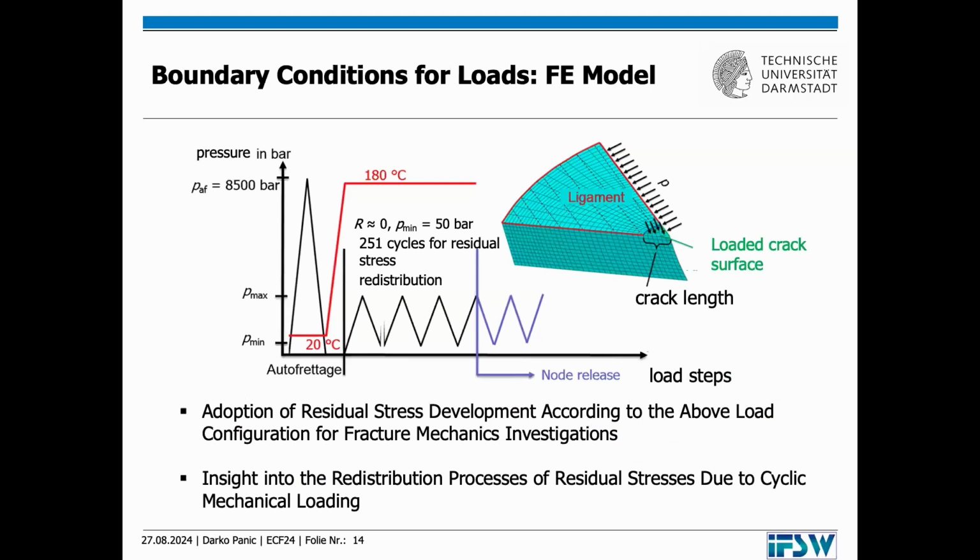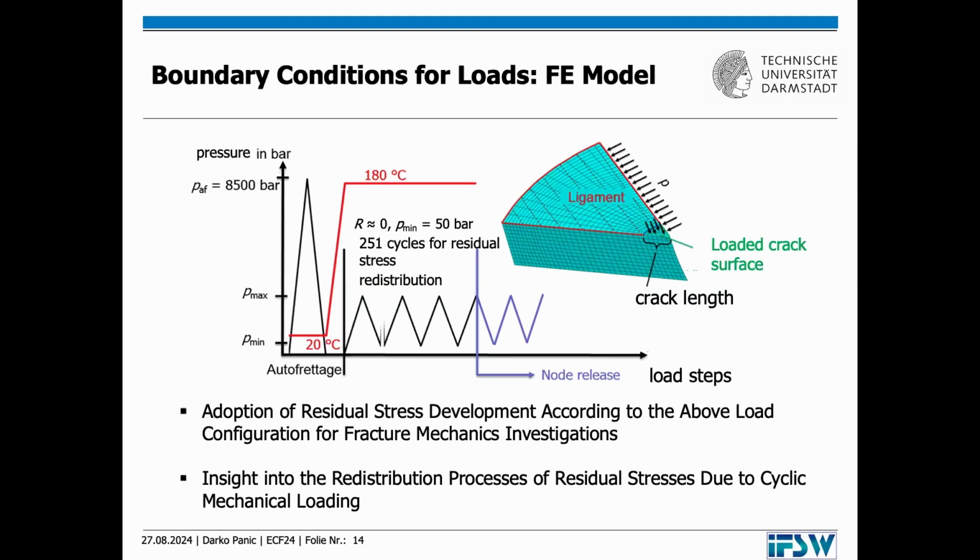Yes, a graph showing pressure variations. So it's about the boundary conditions in this work. Over time, during autofrettage and subsequent loading cycles, initially we apply a maximum autofrettage pressure denoted as PAF, which reaches 8,500 bar.